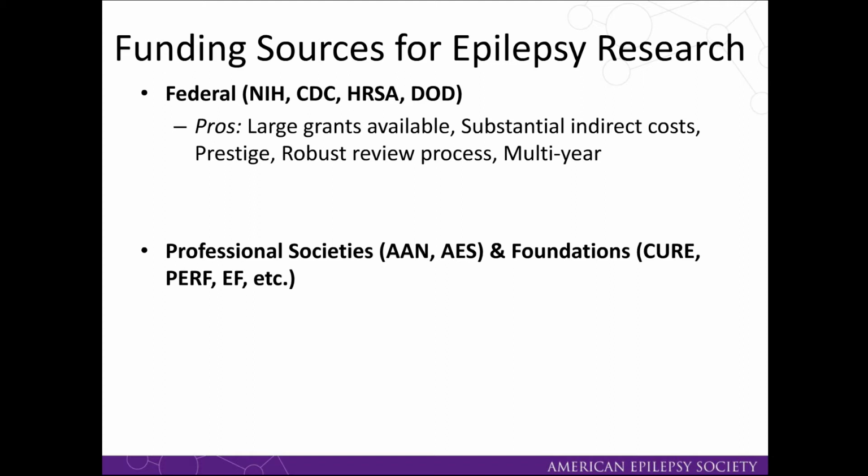The NIH R01 grant is like the gold standard of an academic researcher, and a lot of the big name institutions are looking for R01 and similar kinds of grants to come in. The review process is really robust, and they bend over backwards to make it fair.